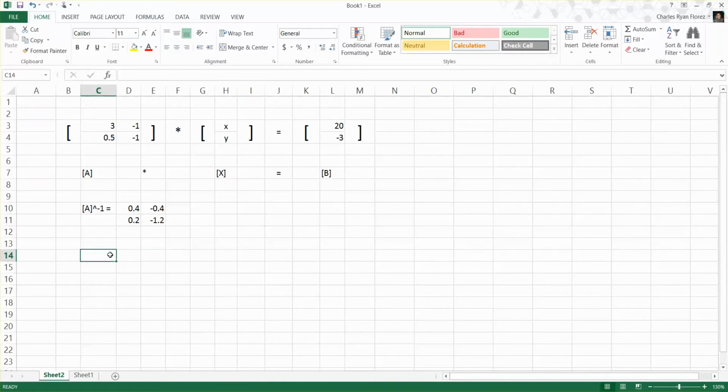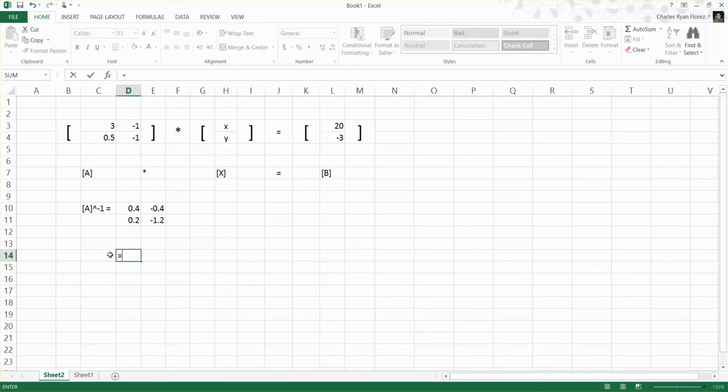Once you have the inverse, this is why Excel is so great, because instead of doing other steps in algebra that are, well, not unnecessary, but lengthy compared to this, Excel does it at the click of a button.